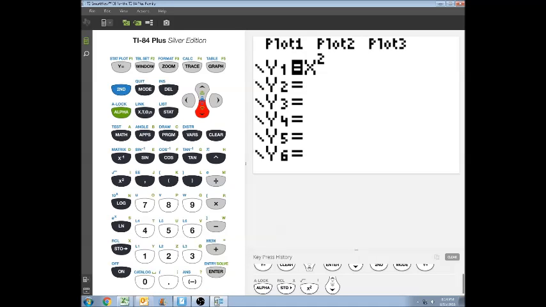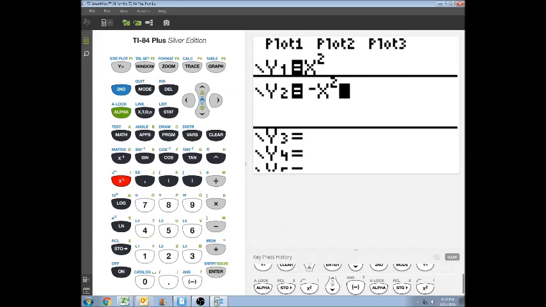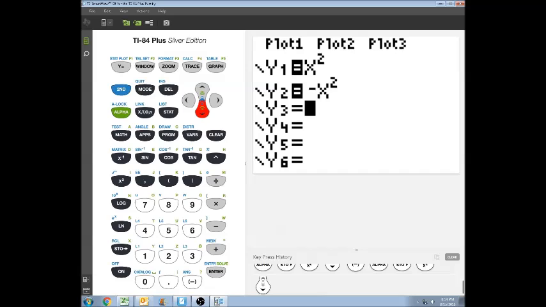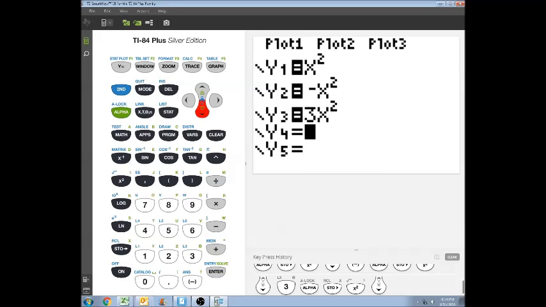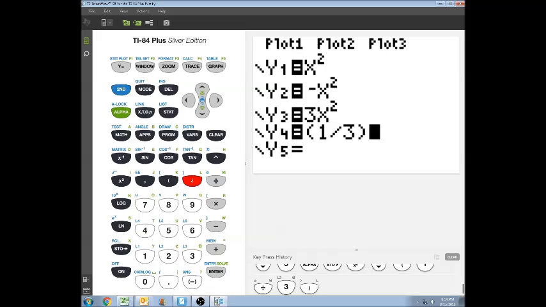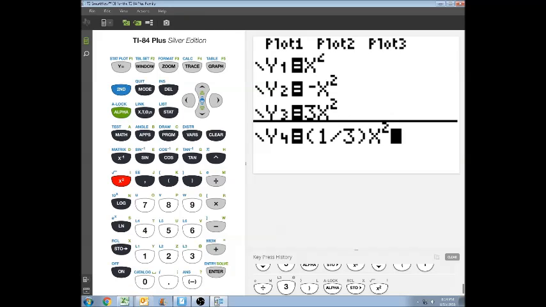The next equation we want to put in is negative x raised to the second power. The next one is 3x raised to the second power. Then we have parentheses 1 over 3 parenthesis x raised to the second power.